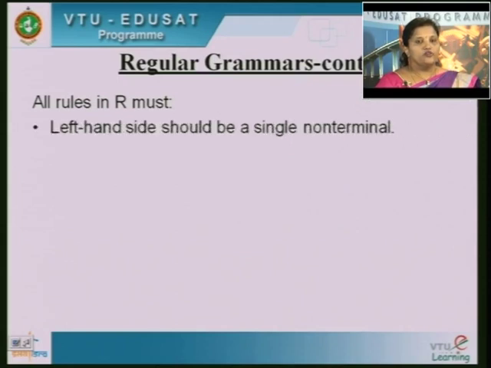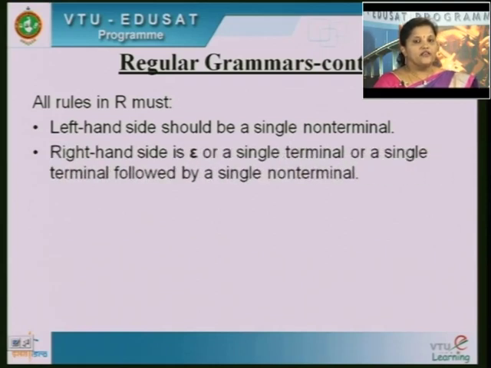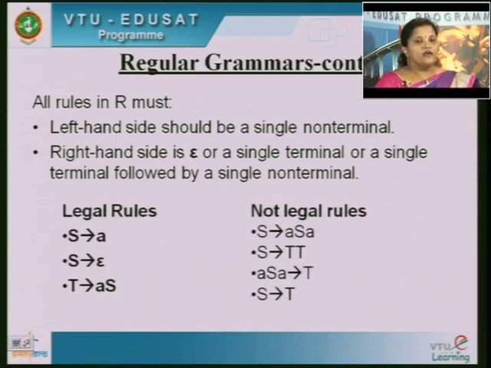So how should a rule be? In all rules in R, the left hand side should be a single non-terminal, and the right hand side can be either epsilon, or a single terminal, or a single terminal followed by a non-terminal. For example, consider these 3 rules, these are legal rules.